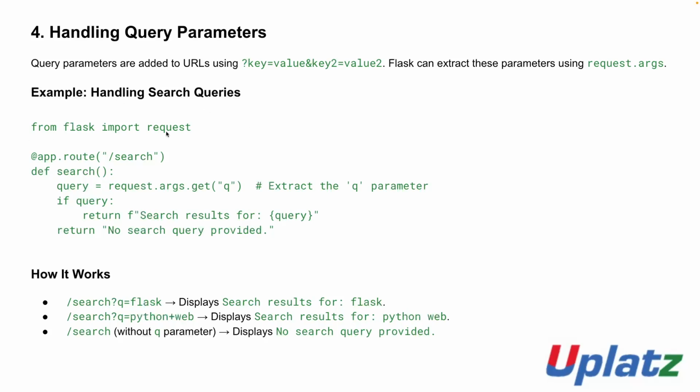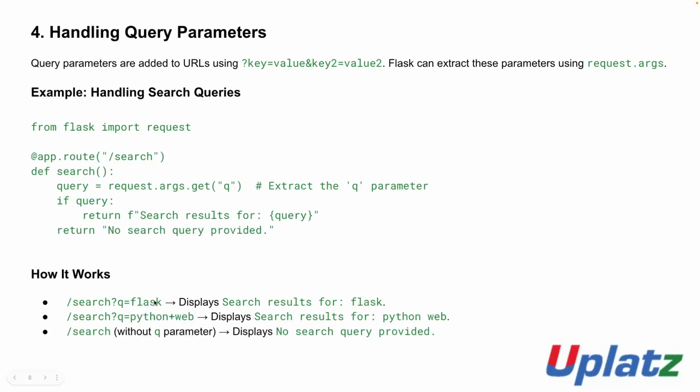From flask import request. @app.route within brackets, within quotes, /search, def search, query equals request.args.get within brackets, within quotes q, to extract the q parameter. If query, return an f-string within quotes search results for, within curly braces query. Otherwise, return no search query provided.